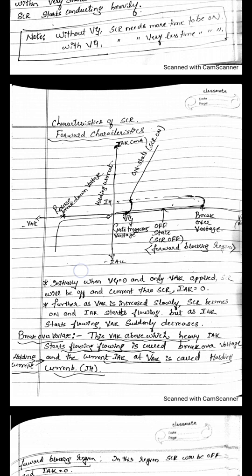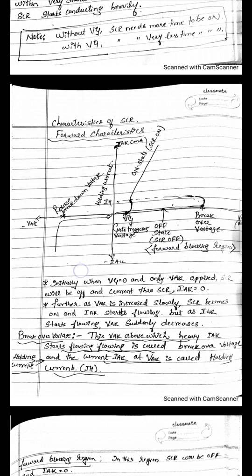In this first part of the explanation, you have to define some of the regions, like forward blocking region, which is written here, and break over voltage. What is forward blocking region? As the name suggests, it is a blocking region: current is blocked, no flow of current during this region.